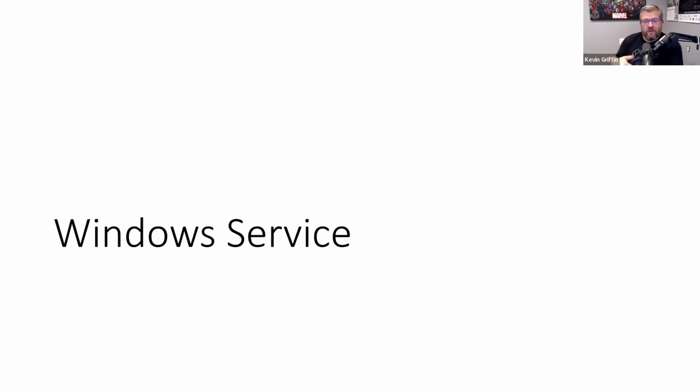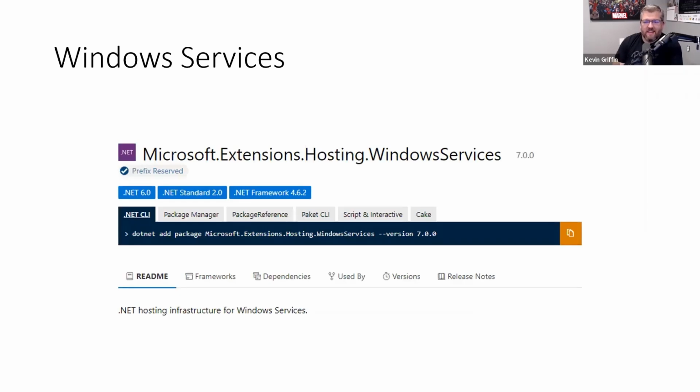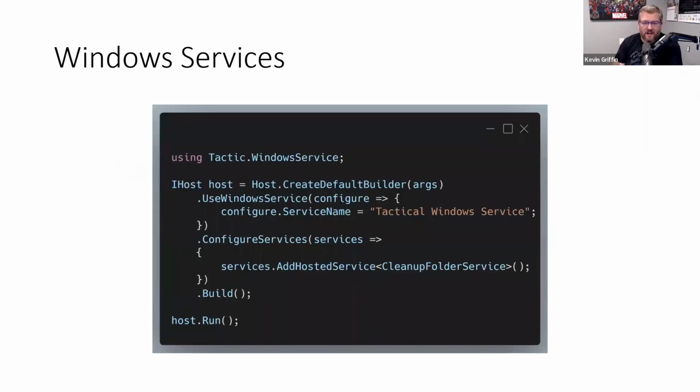But if you want to build a Windows service in .NET 7 today, it's as easy as doing a new console app or a new .NET Worker app and installing the package Microsoft Extensions Hosting Windows Services. And this particular package is going to give you a new extension method for your .NET host called UseWindowsService.